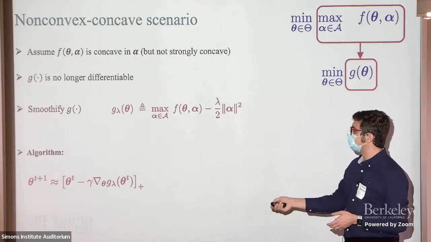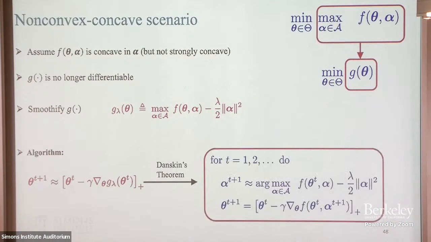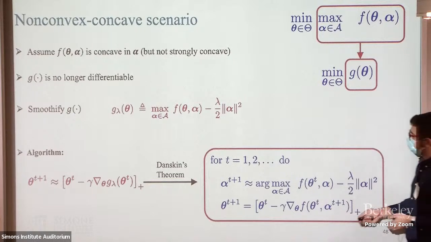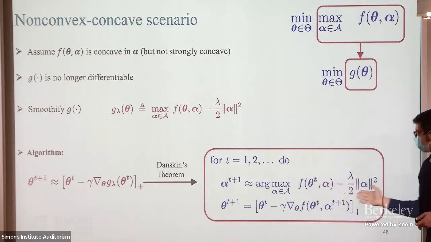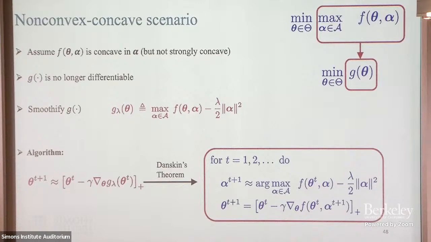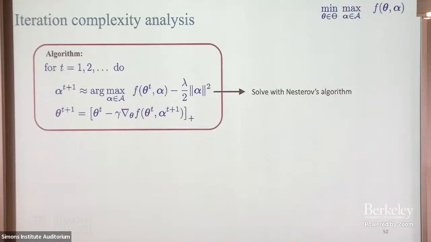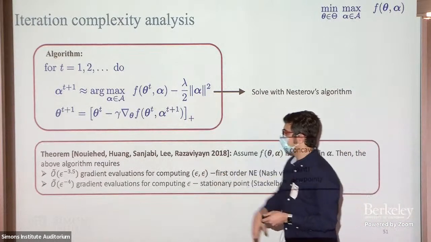So we try to mimic the behavior of this gradient descent dynamics on G. And using Donsker's, again, this is a high-level description of the algorithm. You apply some first-order algorithm, gradient ascent, for example, to solve this problem. And then you do one step of gradient descent with respect to theta. And you can analyze it. If you, for example, do Nesterov to get a faster rate.